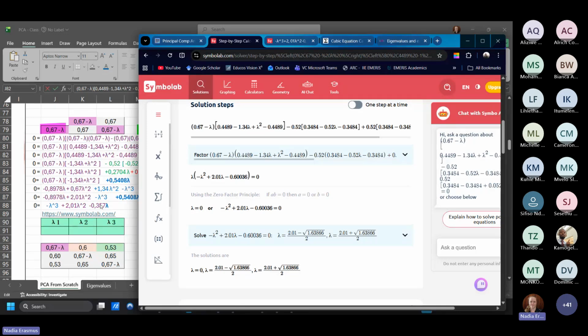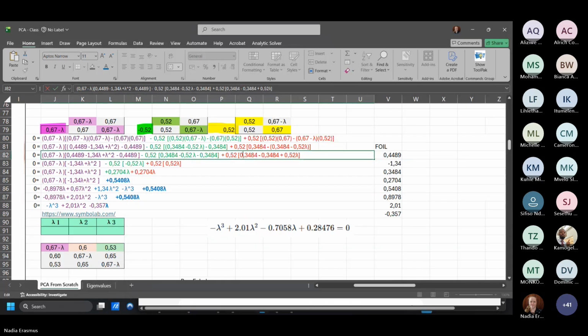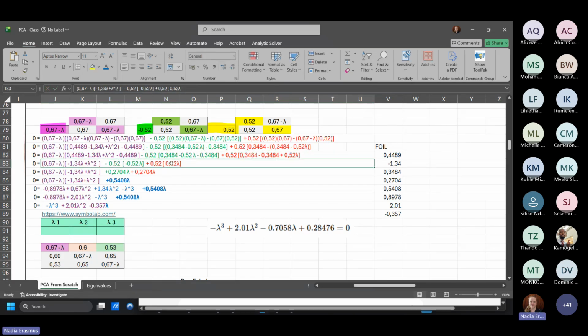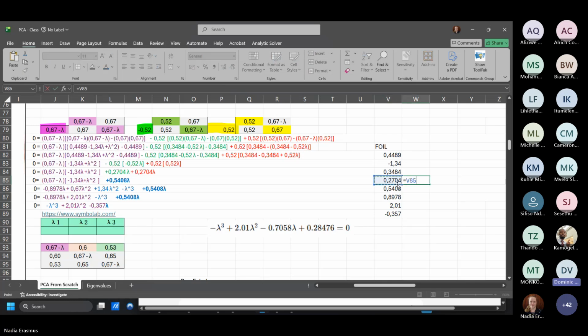Okay, so this value is incorrect. Those two are subtracted. So it is positive 0.52 times 0.52, 0.27. That is positive 0.27. Sorry, Nadia, can you just show me, please, how you got negative 1.34?